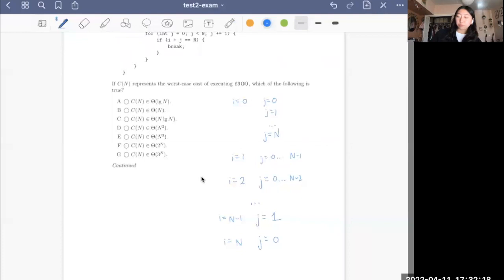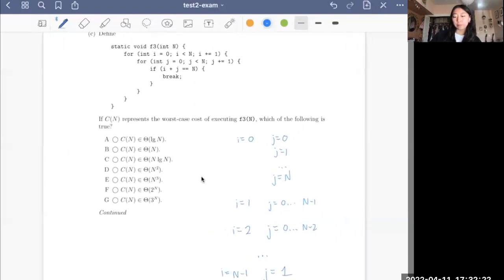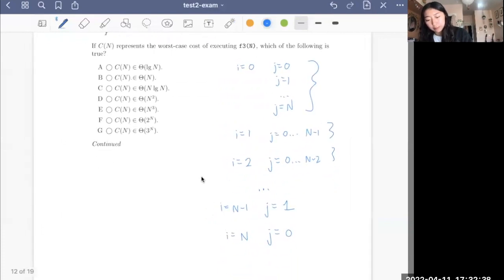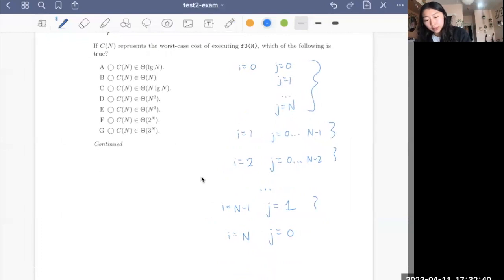And so now the question is, how many times in total, like how much work is there? The way I'm going to measure this is how many times we have to evaluate the inner loop, what's in here. So first it's n times, then it's n minus 1, then n minus 2, and we keep going.